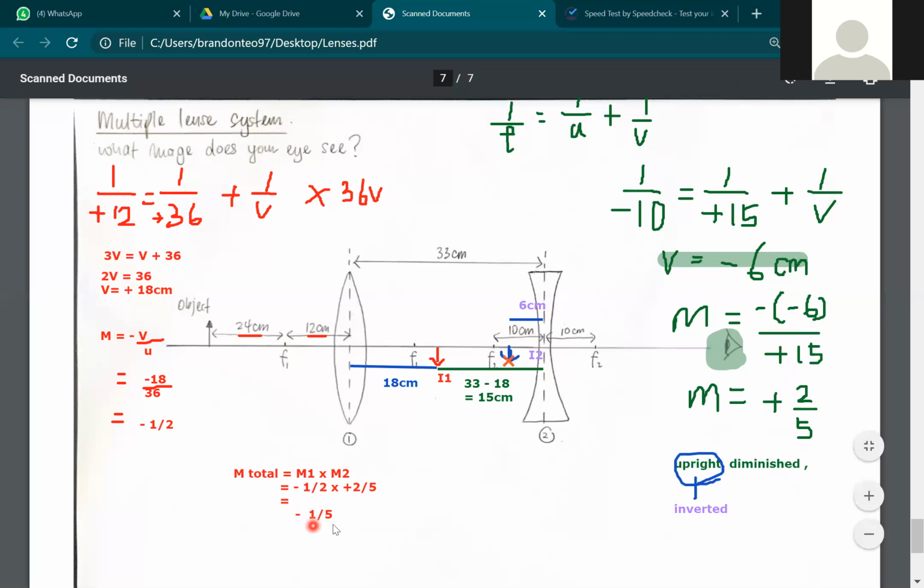So the size of the final image is 1/5 of the original object, the first object here. So that's the answer for this one.